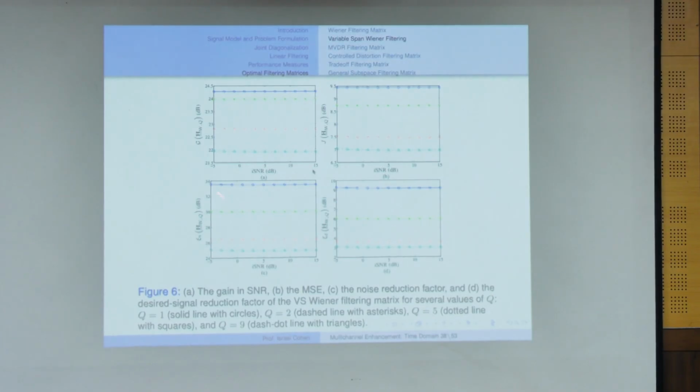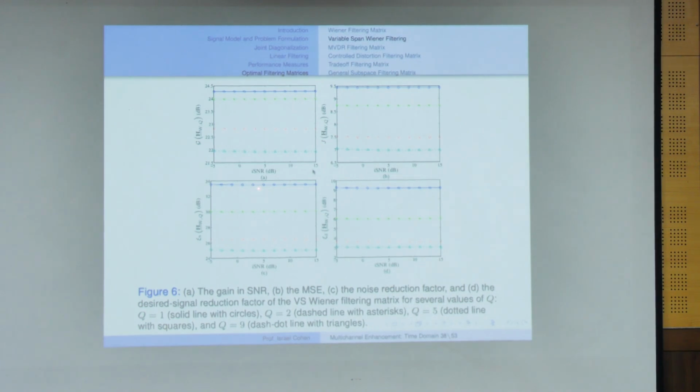So here, this is the blue line for Q as a function of input SNR. The blue line is for Q equals 1. So you see for Q equals 1, the gain in SNR is maximal. The green is for Q equals 2, and then the red is for Q equals 5, and this cyan color is for Q equals 9.